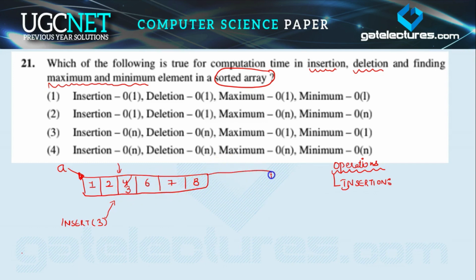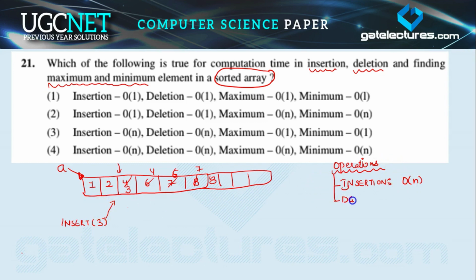Let's suppose the size of the array is more like this. So 3 is here, then 4 is here, then 5, 6, 7, and 8. Okay, so a shift operation is going to happen after insertion, right? So in the worst case, it will take order of n time, because after inserting, the entire list present after this is going to shift. So it will take order of n time.